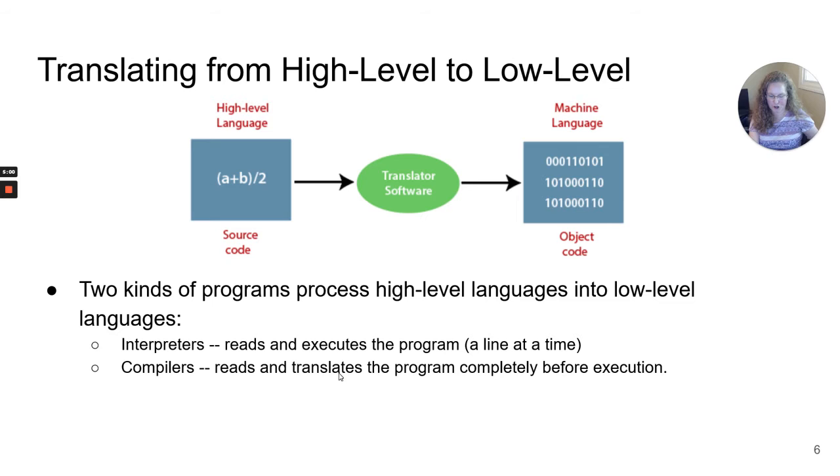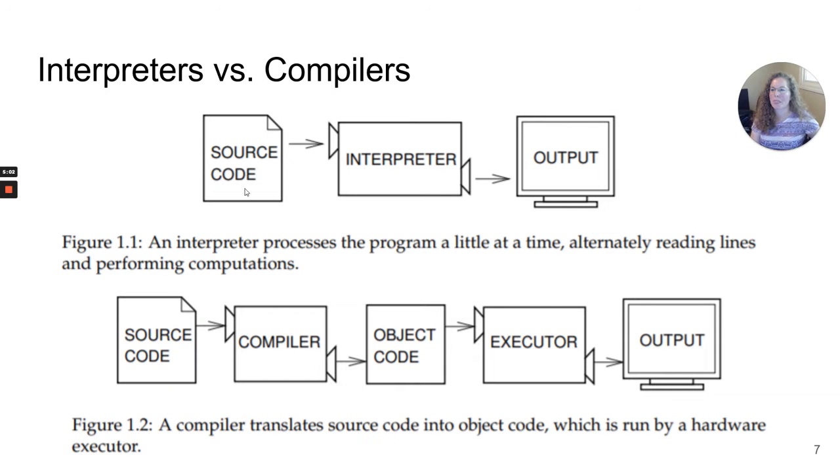So that's interpreters and compilers. Traditionally, these are figures from your book, and this is a very traditional view of what an interpreter does versus what a compiler does. Notice they both begin with source code, written in a high-level language like Python or C++ or Java.